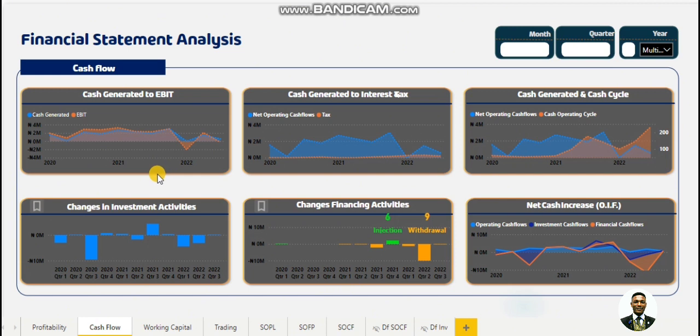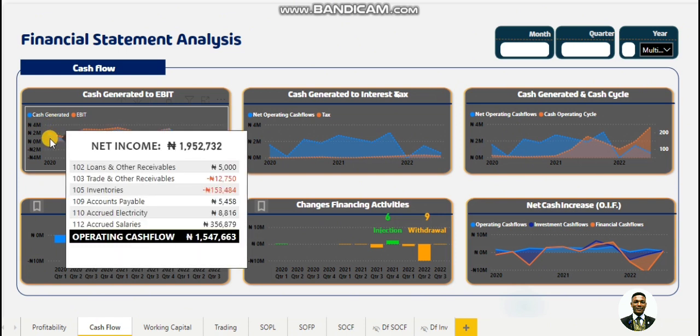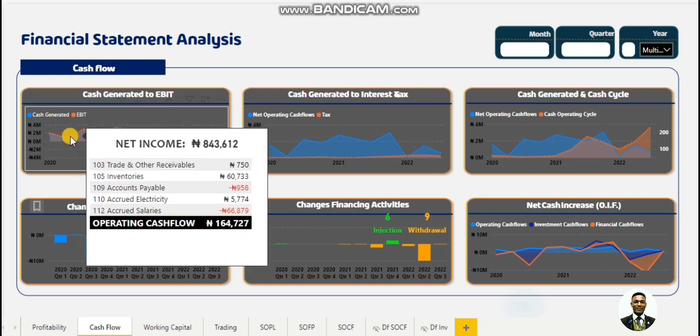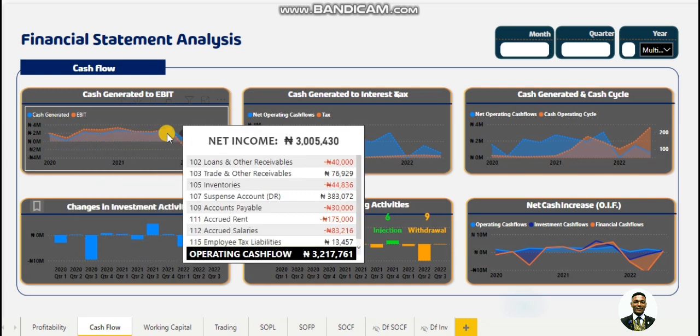What does the data show? It shows that clearly in the first year, the amount recorded as profit was higher than the actual cash in the business. And we see this trend continues up to this point.